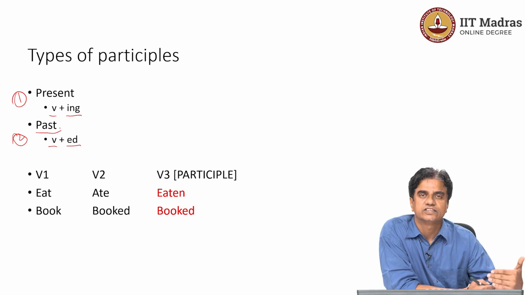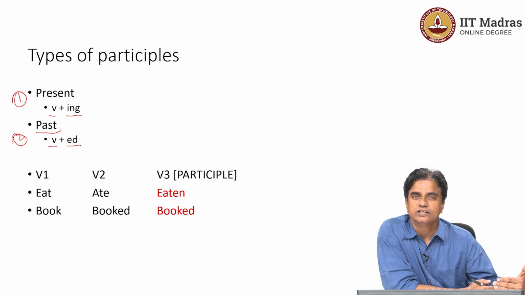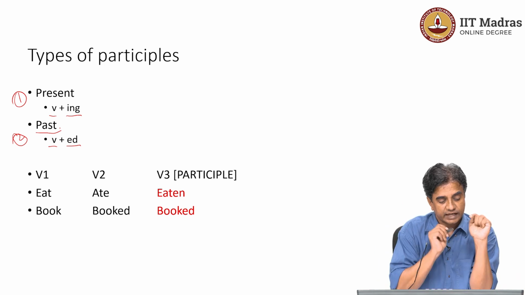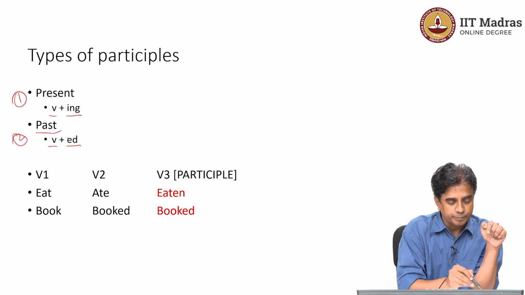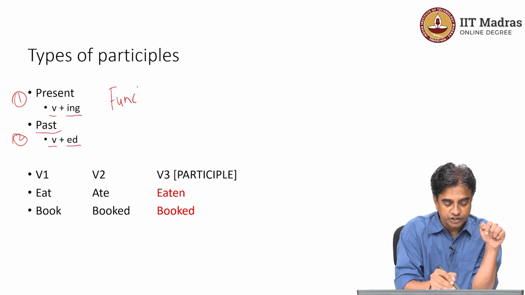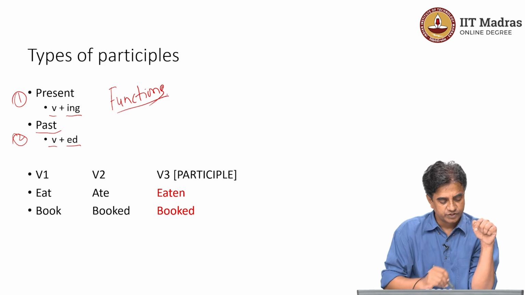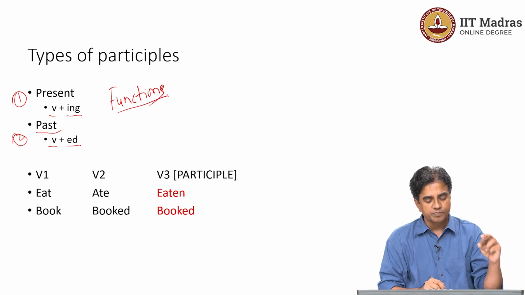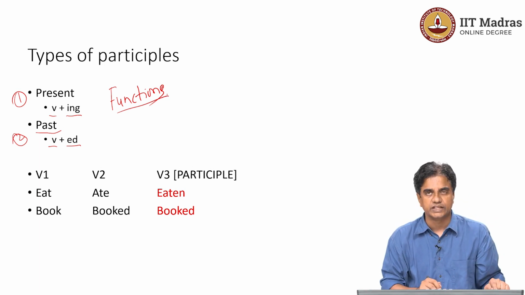Nonetheless, these are the terms used in traditional literature, traditional grammar. Also, when we say present or past, we need to account for functions, not just forms. We make this distinction probably because of the following reasons.